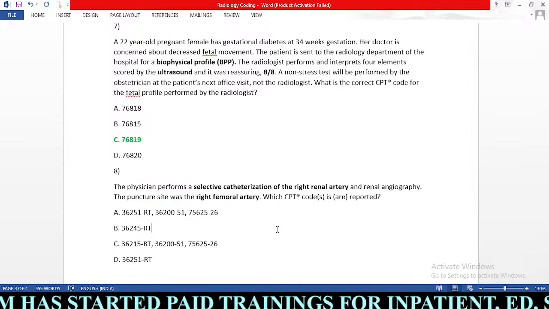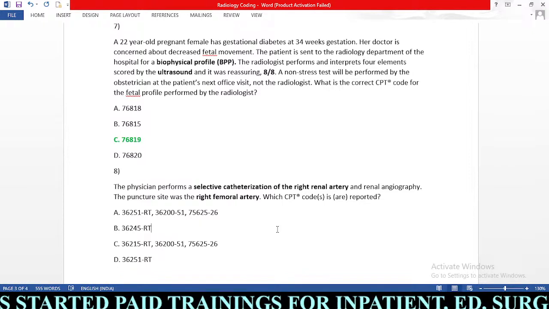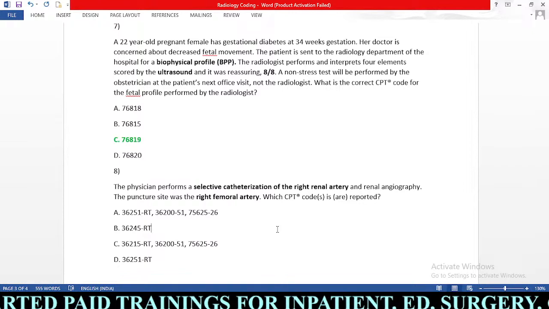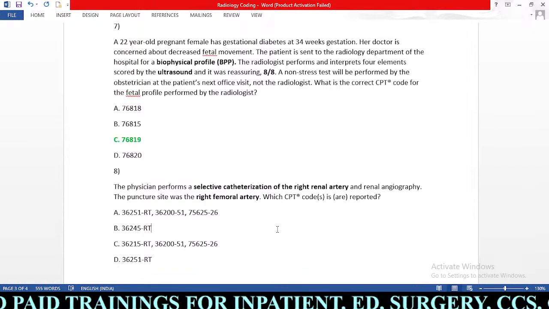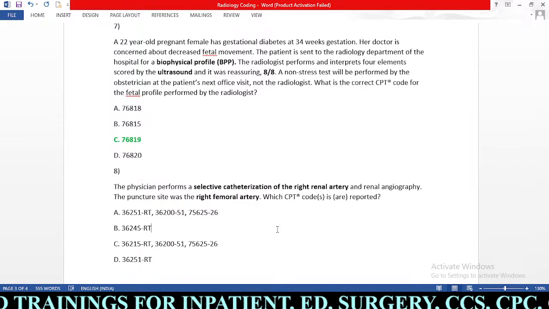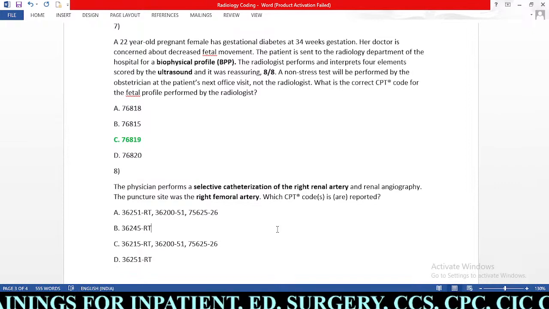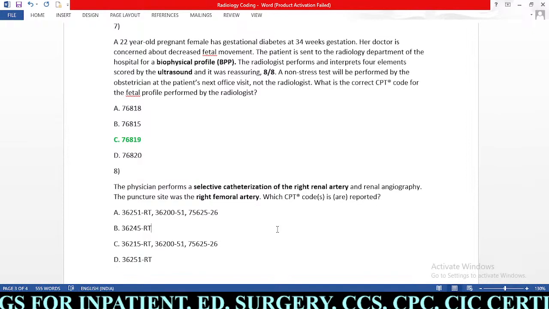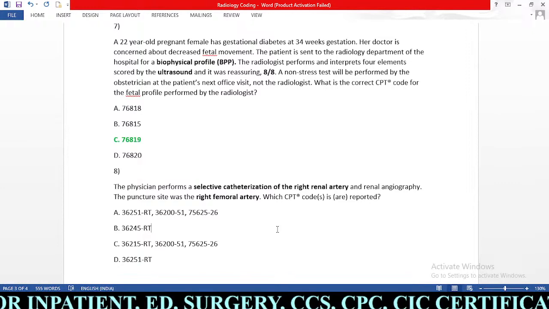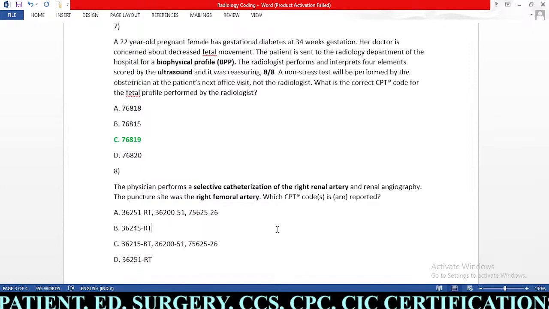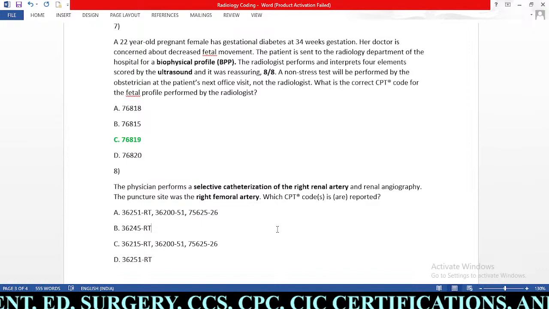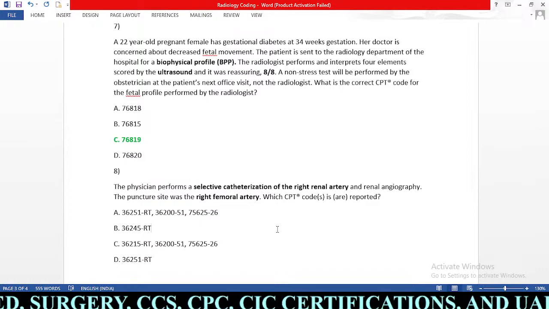Selective means the physician is choosing the artery to do the procedure. Non-selective means the physician will use a catheter and keep the catheter in the aorta. If the physician keeps the catheter in the aorta, it is non-selective.